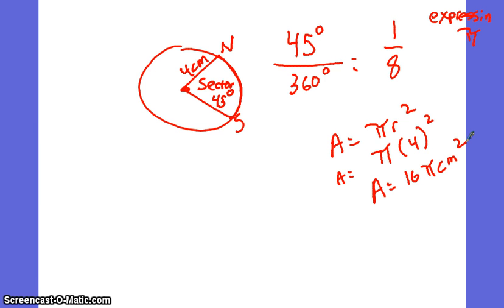Now, the area of the sector then is, I'm going to do 1/8 times 16 pi square centimeters, which I just did. Which means when I do 16 divided by 8, the area of the sector is 2 pi square centimeters.